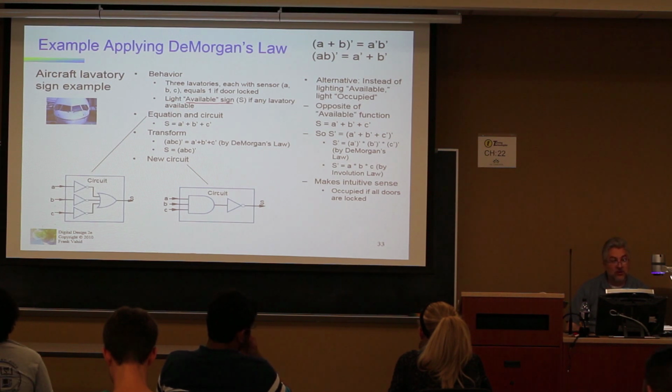All right, so your equation is: if A is not locked or B is not locked or C is not locked, then you could say that it's available.